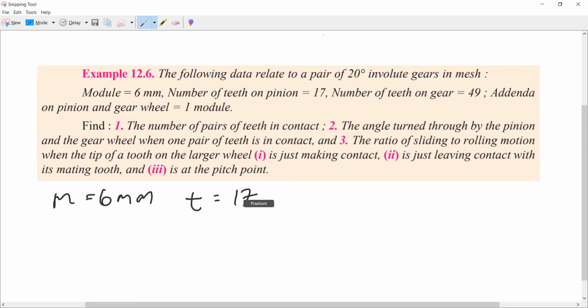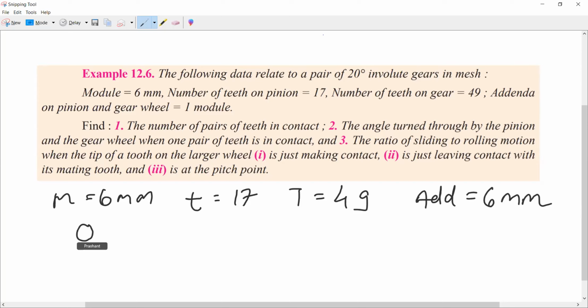Number of teeth on gear, capital T, is equal to 49. Addendum is equal to one module, so addendum is equal to 6 mm again, because module is 6. Phi, the pressure angle, is 20 degrees. Anything else which is given? No. So this is the given data.